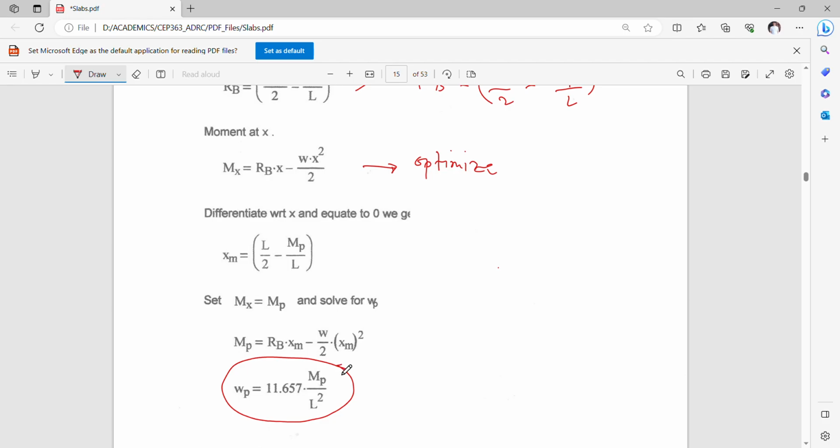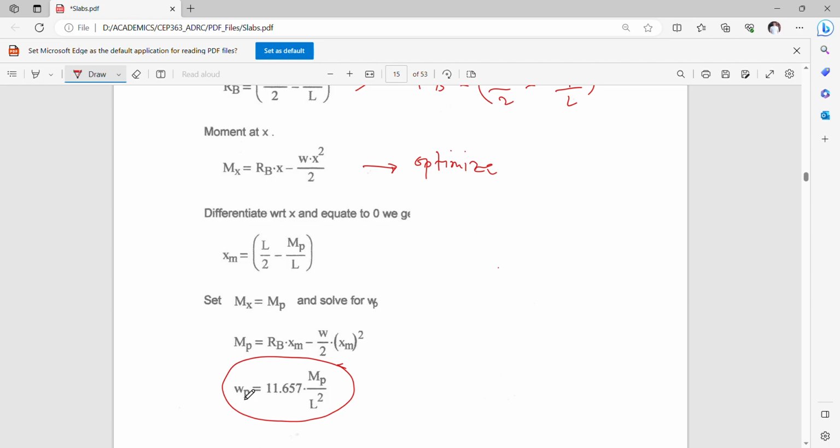Okay, so this is now the plastic load that we need to allow your beam to have a plastic moment equivalent to whatever Mp is.